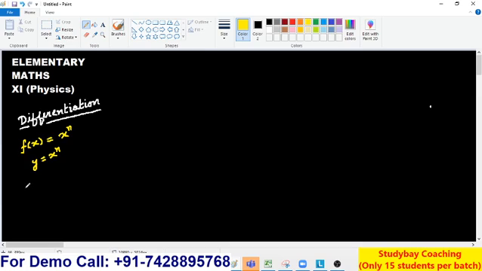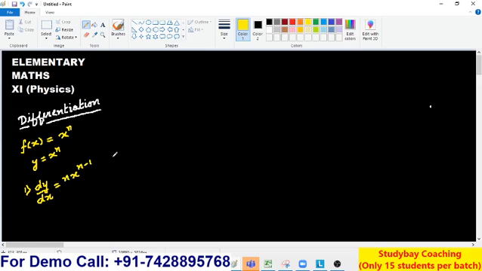Now here comes the first formula: differentiation of y with respect to x, written as dy by dx, equals n x to the power n minus 1. In later sessions we will cover more details along with examples, but for now just learn that if y equals x to the power n, then dy by dx equals n x to the power n minus 1.